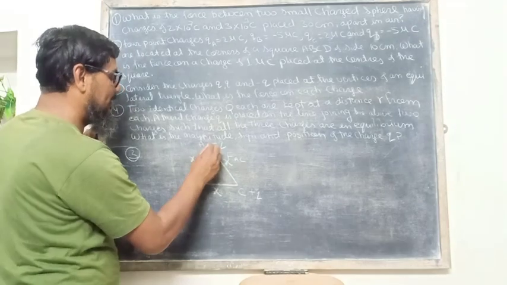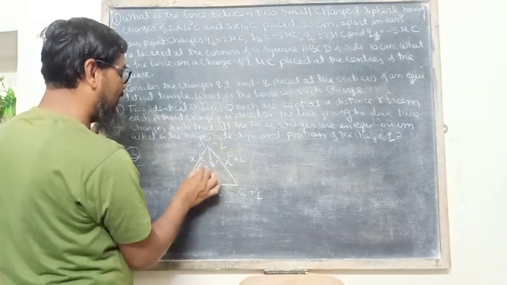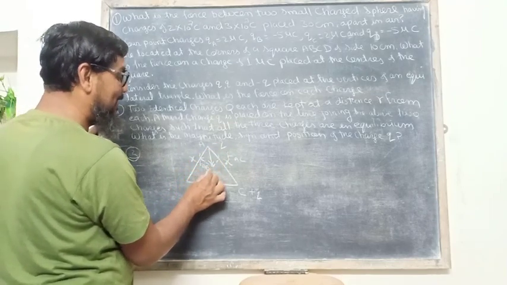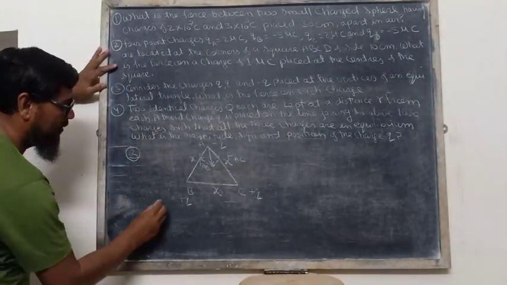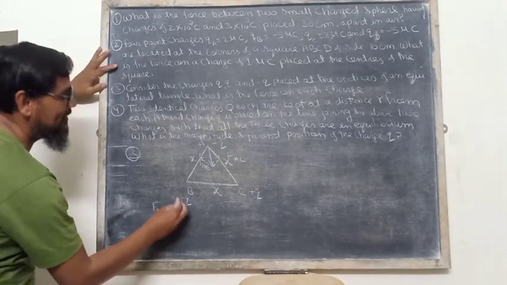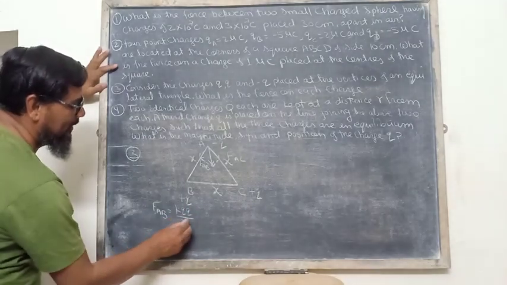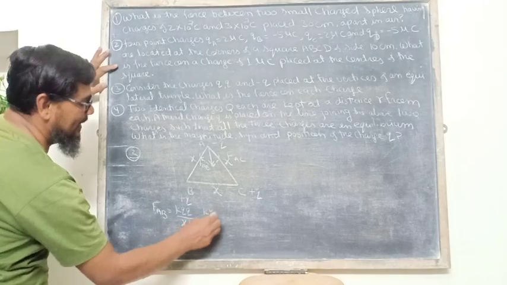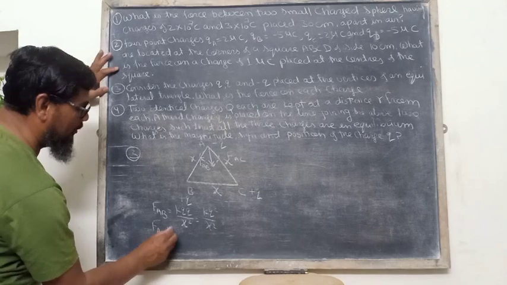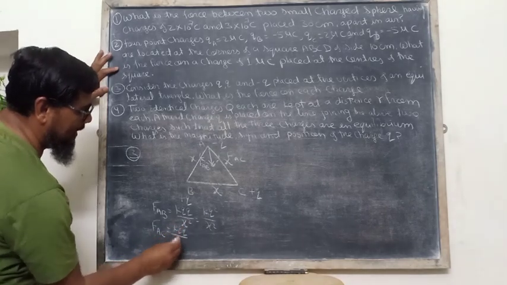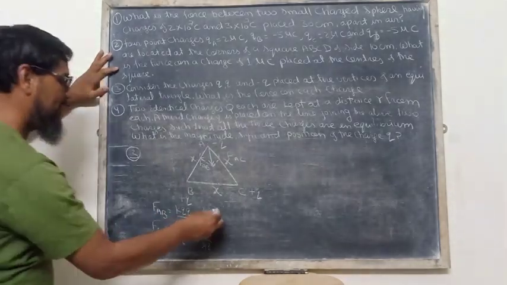In this manner, we can calculate the resultant force at point A, which will be the vector sum of FAB and FAC. The value of FAB is equal to K Q Q upon x square, means KQ square upon x square. And similarly, FAC will also be equal to KQQ upon x square, means KQ square upon x square.